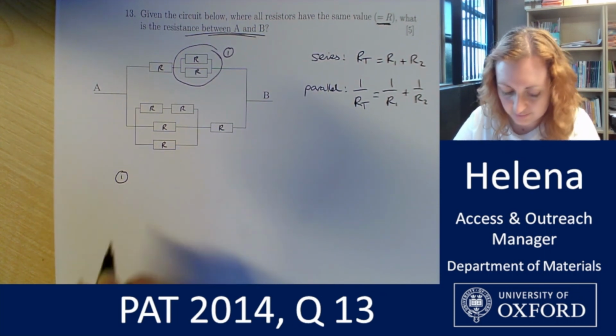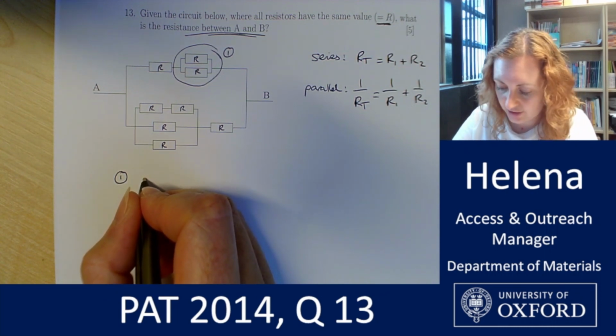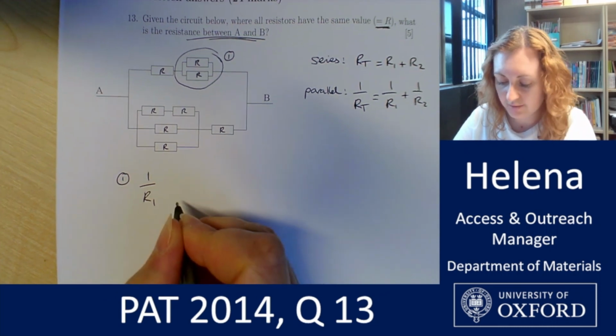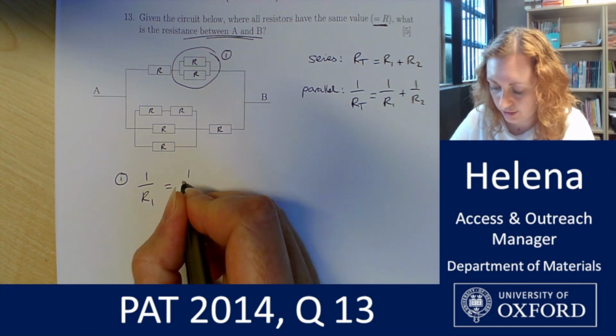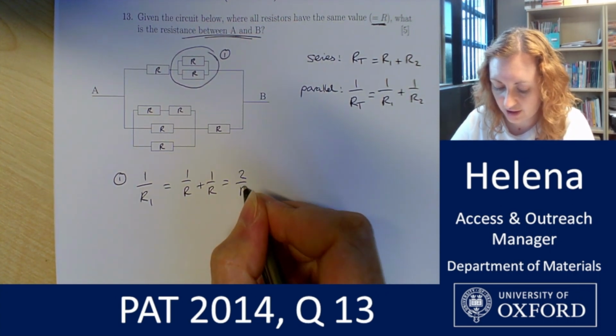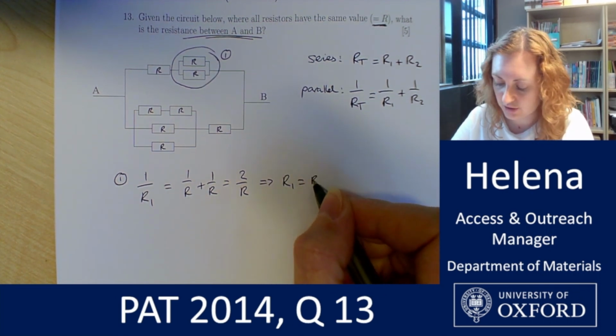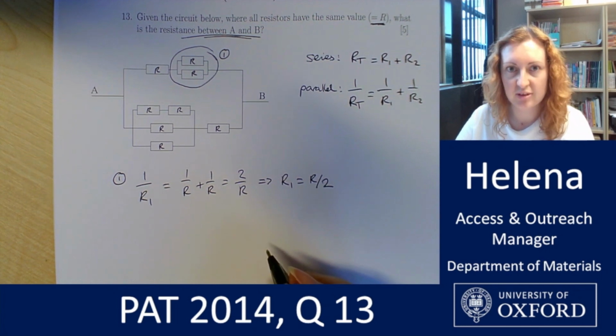For 1, they are two resistors in parallel. So 1 over R1 is equal to 1 over R plus 1 over R, which is equal to 2 over R, which tells us that R1 is equal to R over 2.